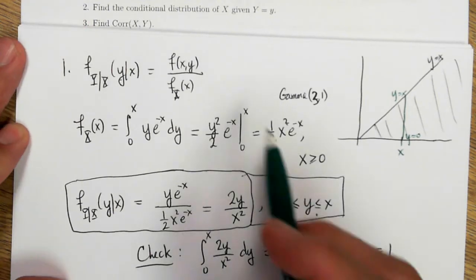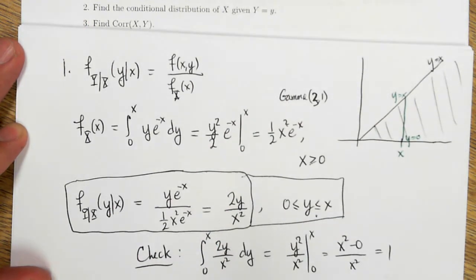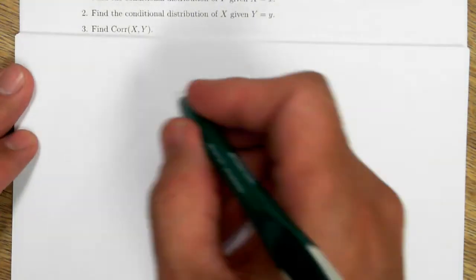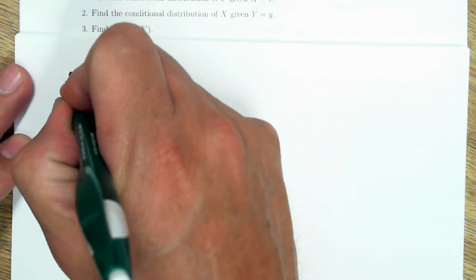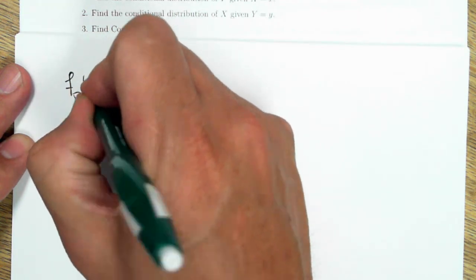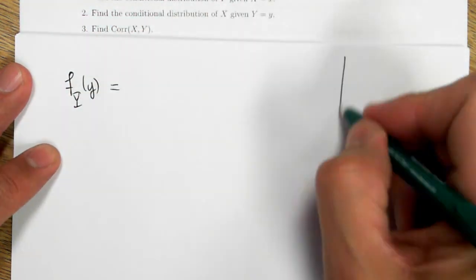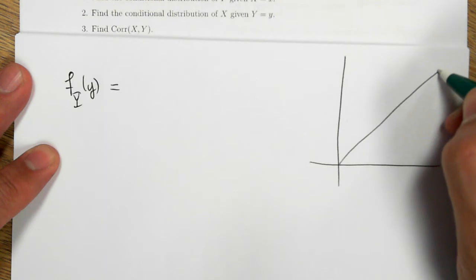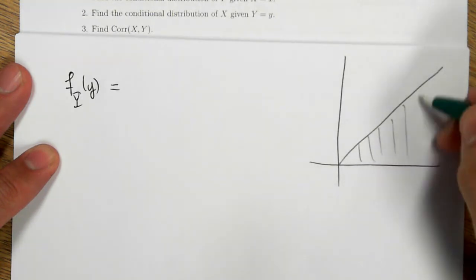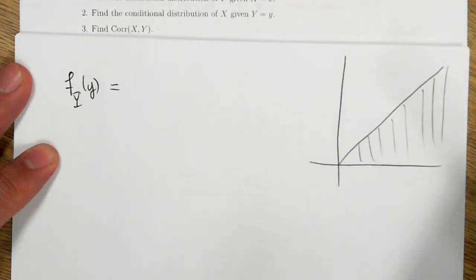Next, let's figure out the conditional distribution of x given that capital Y is equal to y. To do this one, I first have to figure out the marginal density for y. Once again, the function is defined in this part of the plane.